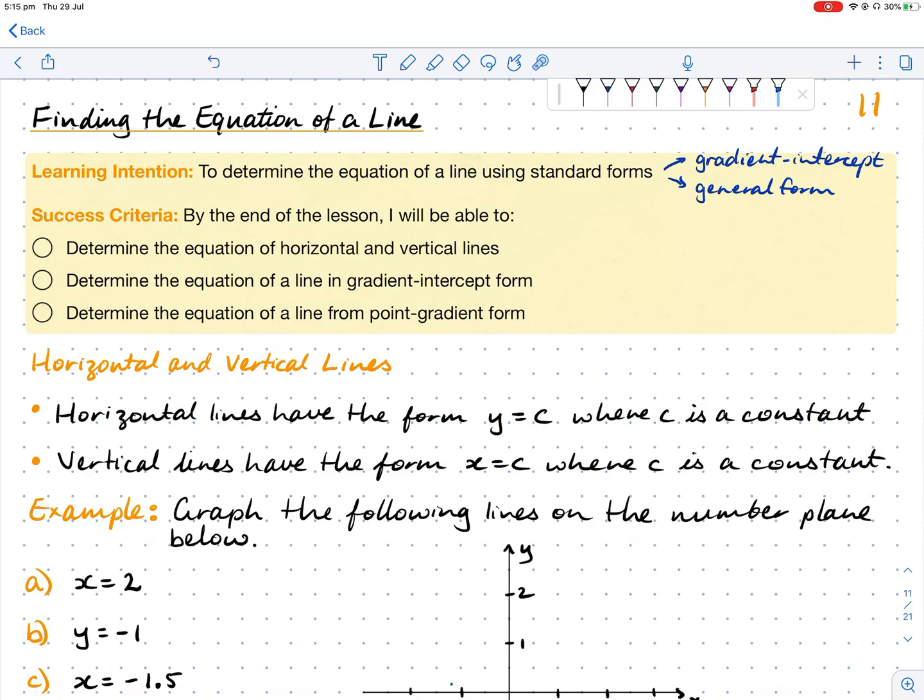Okay, and that's the words that we've used up here. Or the other thing that we're going to look at is a new type of formula called the point gradient formula. Okay, so when we start moving into year 11 work, what you'll see is the point gradient formula is actually the more useful one compared to the gradient intercept form.